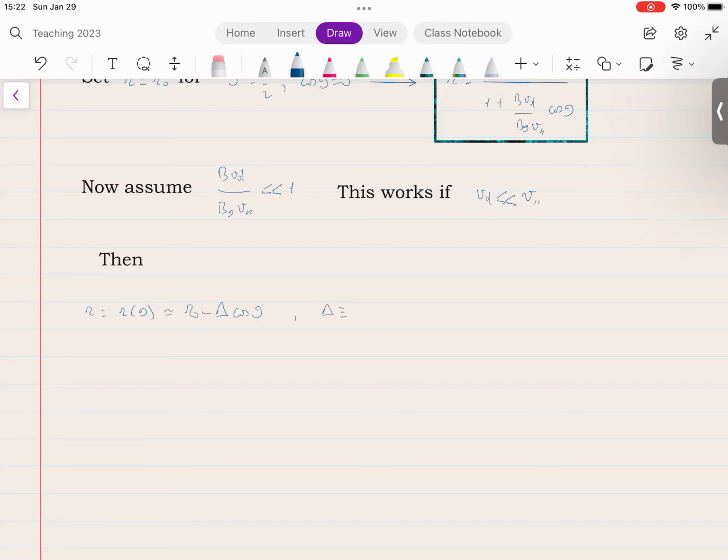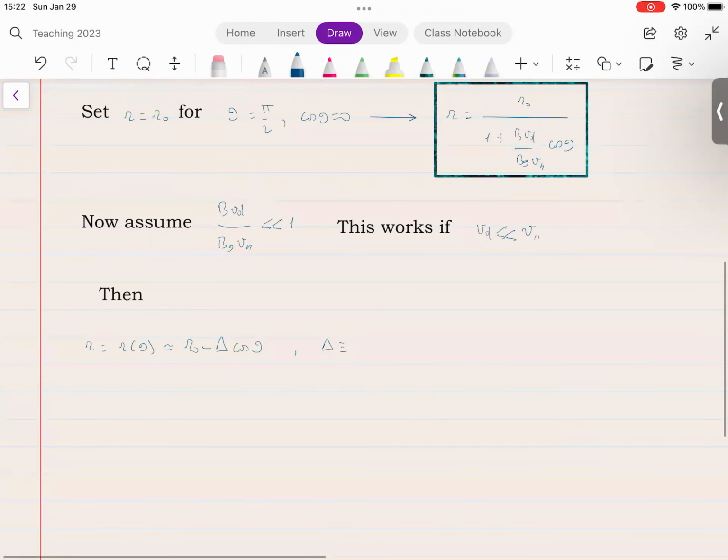Delta is obviously the quantity in front of the cosine of theta in the denominator, that is B times V drift divided by B theta V parallel, times, for the way I've defined it, R naught, which is, again, small with respect to R naught.